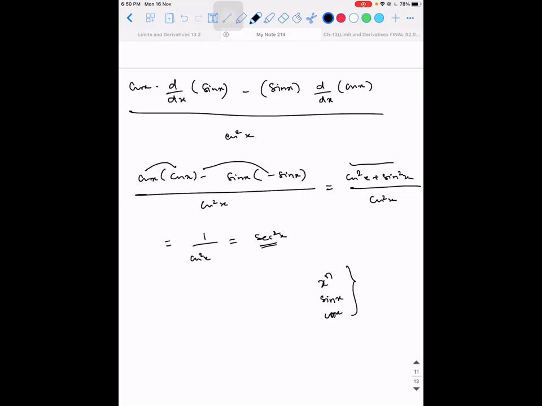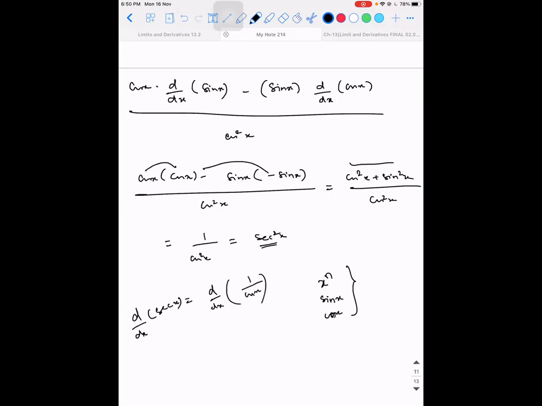For example, if I put a question like find the derivative of secant x, what will you do, guys? You can write it as d by dx of 1 by cos x.